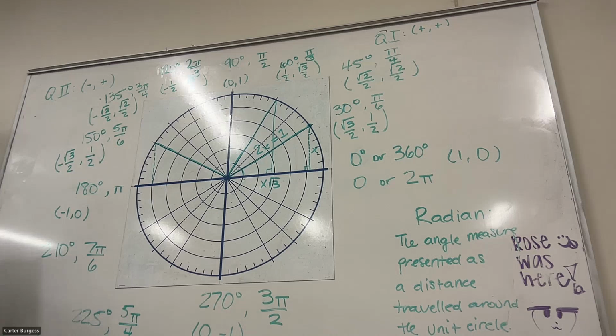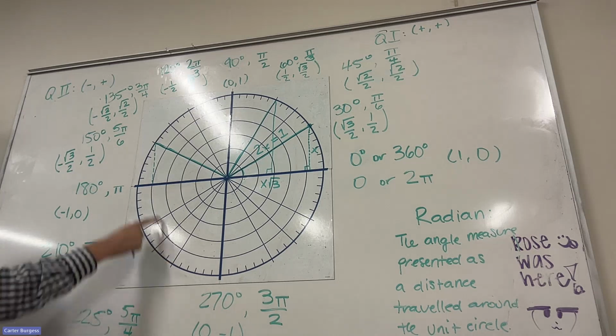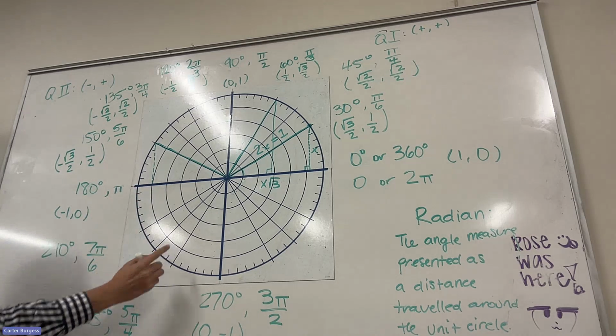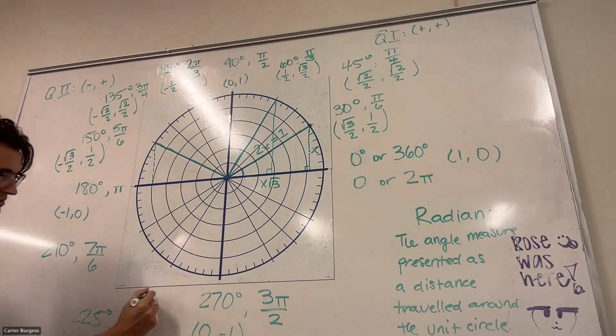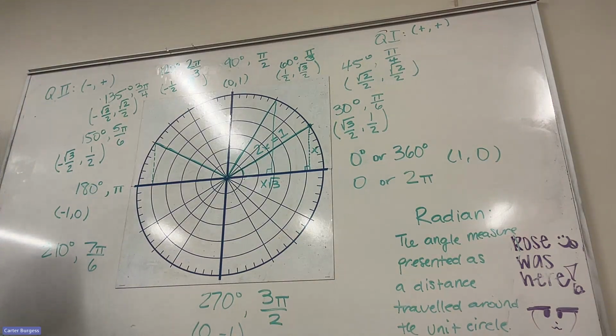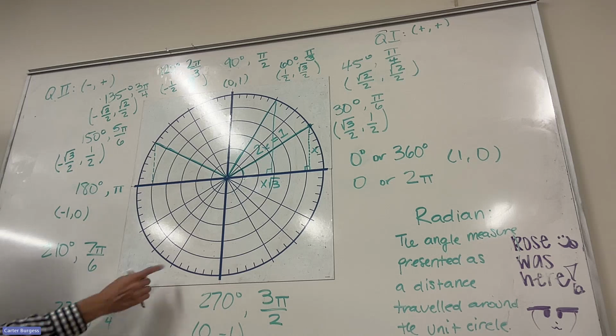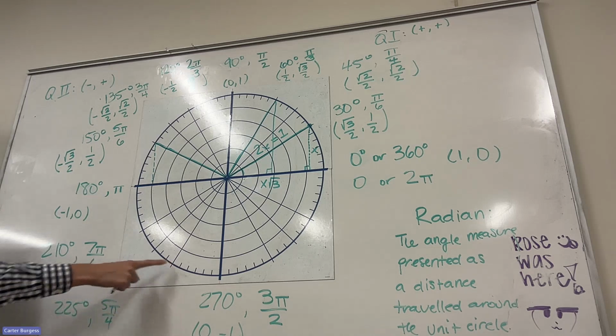All right, and then lastly, 60 degrees over rotated. What is 60 degrees over rotated going to look like?